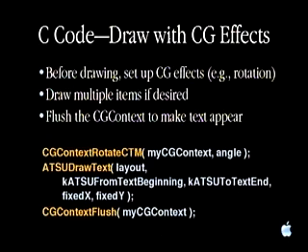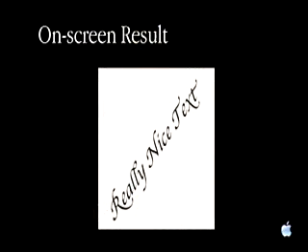You go ahead and draw the text. Also, if you went to the 2D graphics session this morning, you'll remember that quartz drawing is double buffered. So if you want your text to appear on the screen immediately, you need to call the CG context flush call. Okay, and this is the result that you would get. Again, you would get rotated text with a nice anti-aliasing.